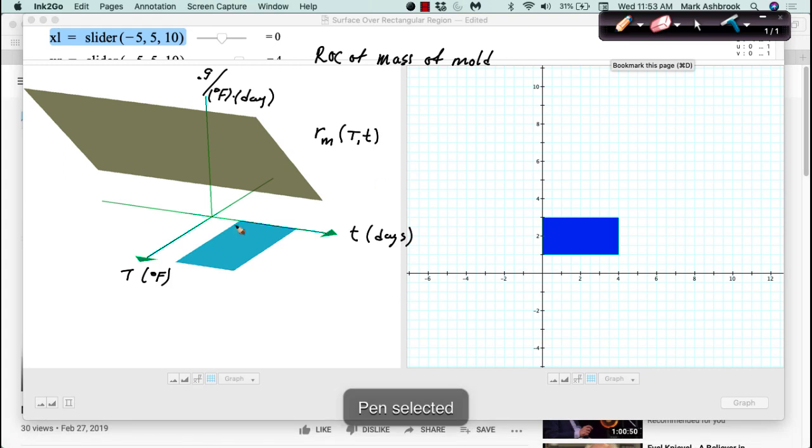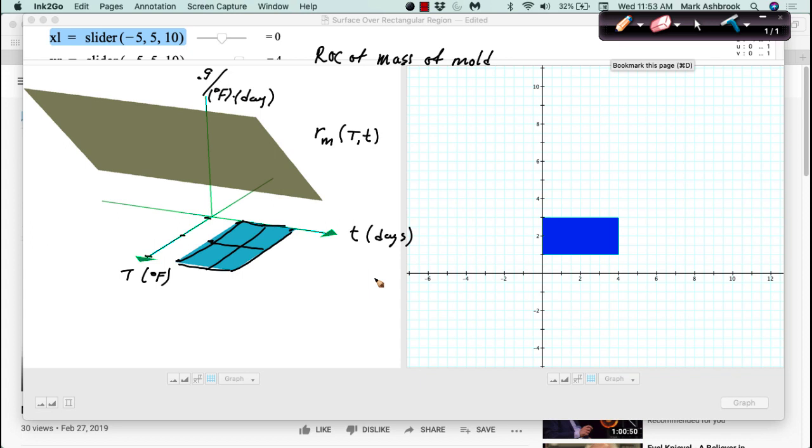We did that by changing these up into changes in temperature and changes in days. And so I'm breaking this up, it's like made a partition of this region.